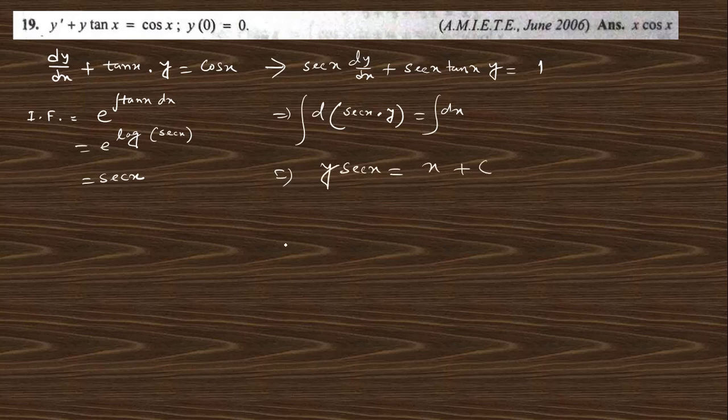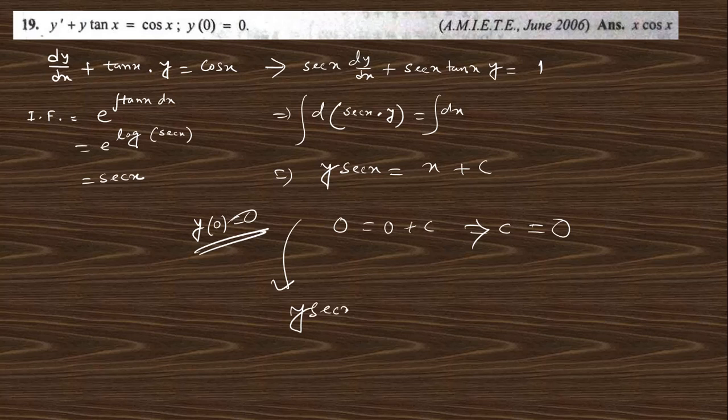If you put this limit, that is x0, y0, so 0 equals 0 plus c, so c equals 0. So you get y sec x equals x, so y equals x cos x. So this is the solution of this question.